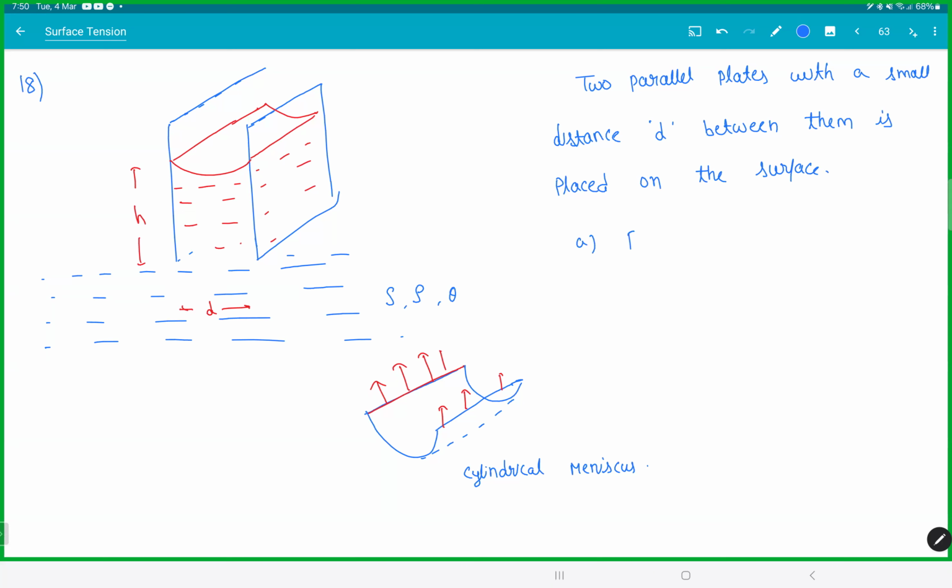Two questions. Find h. Second thing, something happens here. The plates won't be in equilibrium. So find F external on each plate to keep it in equilibrium.